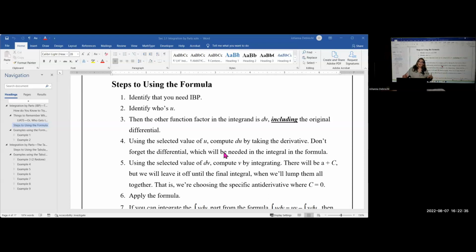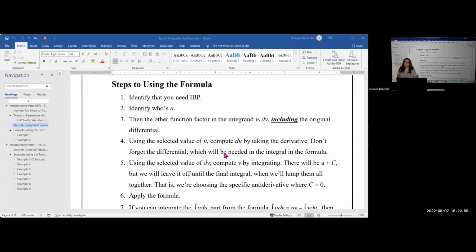So du is going to have that differential dx. We're going to abuse the notation and swing it around. We got to have a differential so we can integrate that v du. Then we take the selected value of dv, which was everything that wasn't u, including the differential, and we compute v by integrating it. If we can't integrate dv, we're stuck.